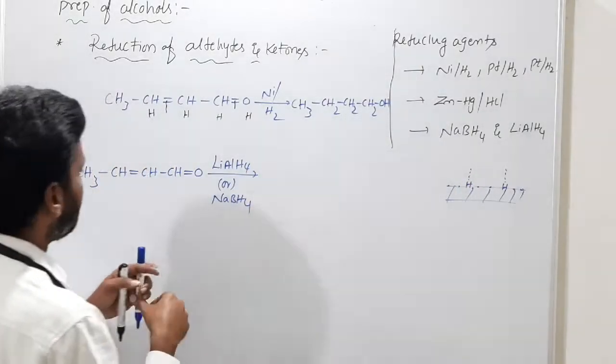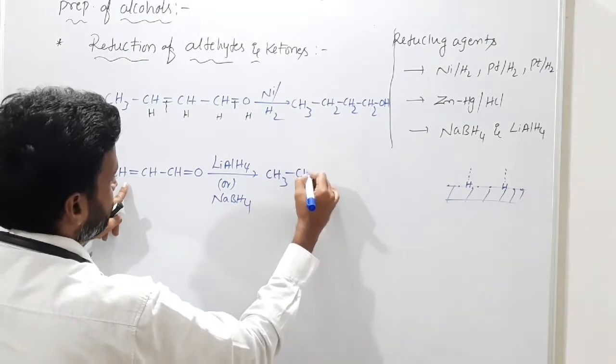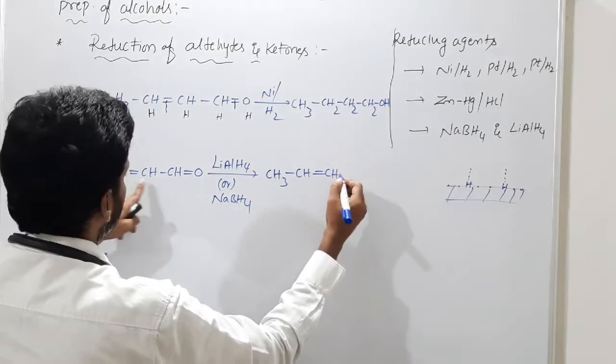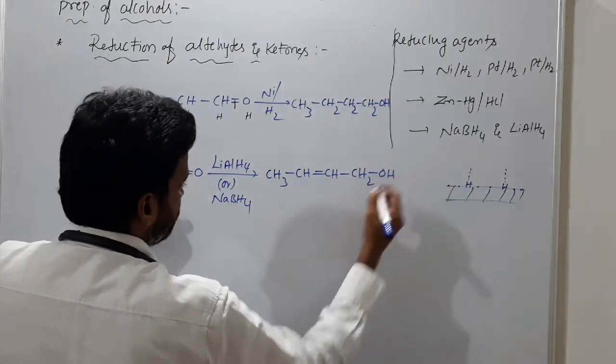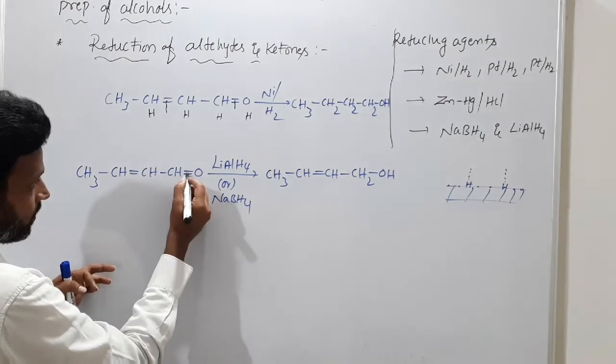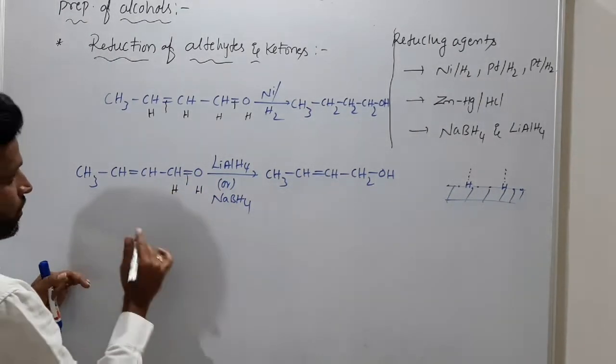So what is the final product here? CH3, CH double bond CH and CH2OH. So what happened? This double bond O, this pi bond is broken, here hydrogen and here hydrogen.